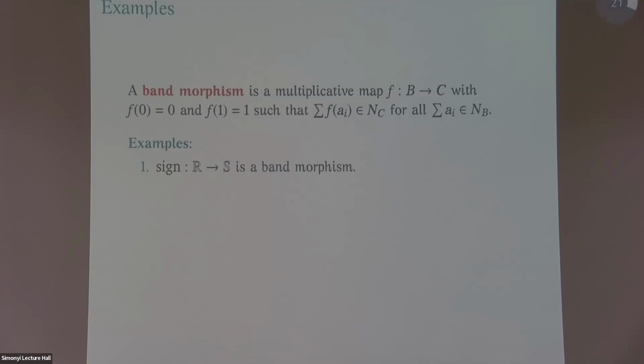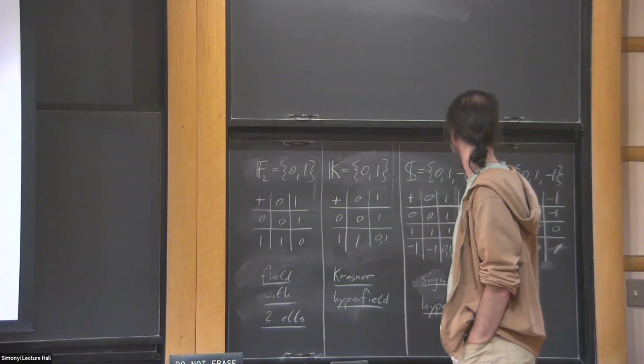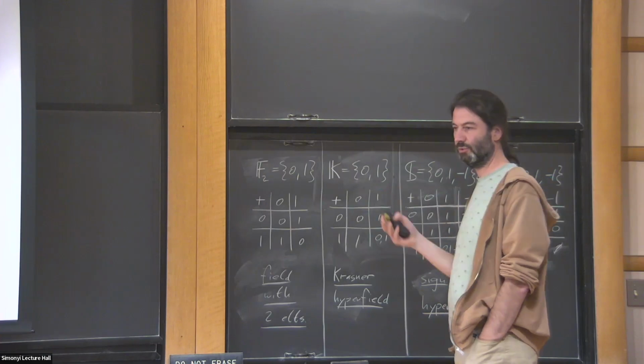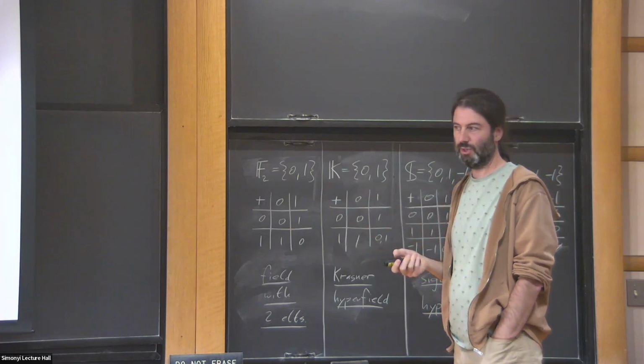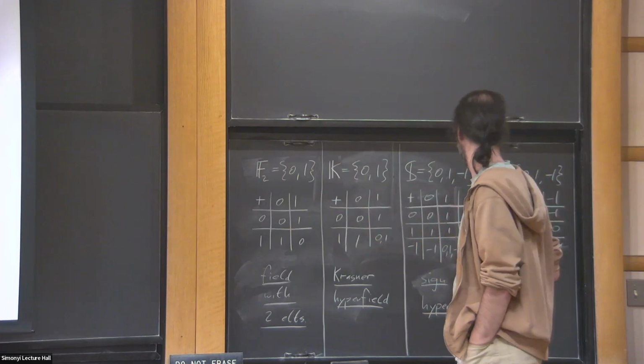And here are three examples. One is just what we would like: the map from R to the sign hyperfield becomes a morphism in this language. Then for every band, there's a unique morphism from the regular partial field into B, by mapping 0 to 0, 1 to 1, and -1 to the additive inverse of 1.